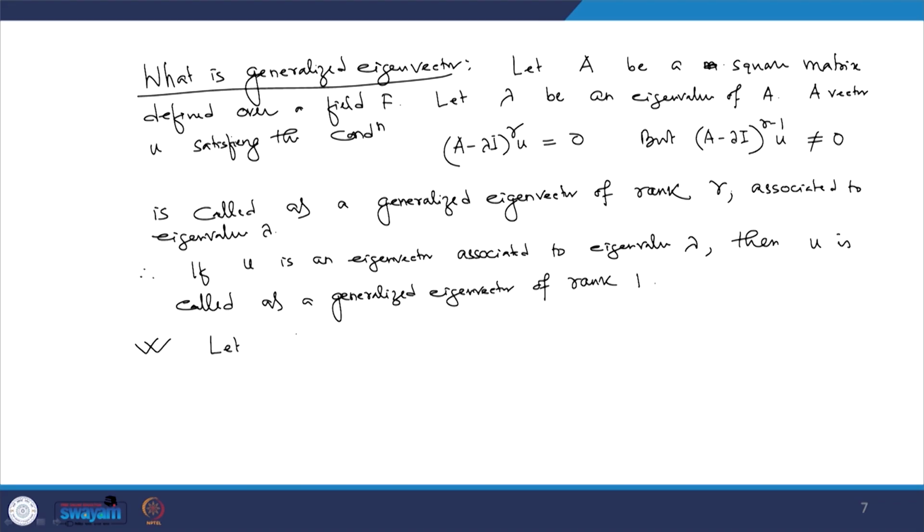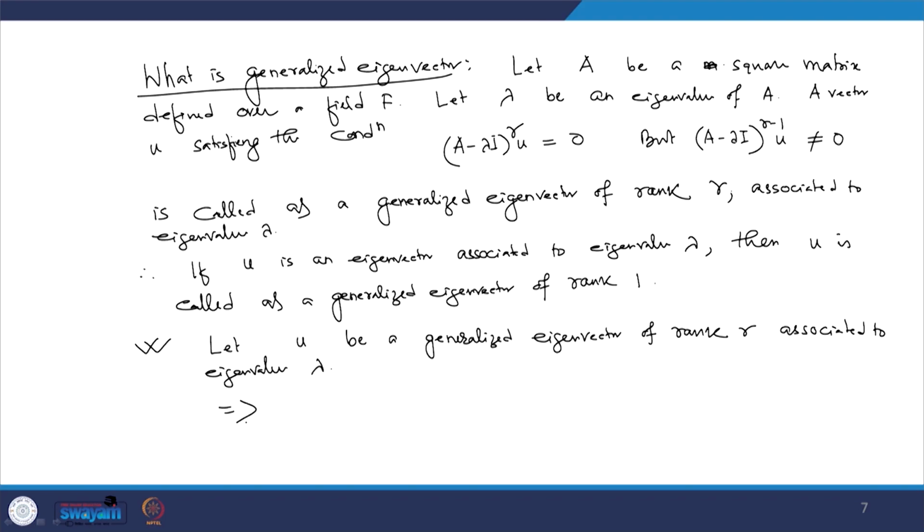Let U be a generalized eigenvector of rank R associated to eigenvalue, say lambda.